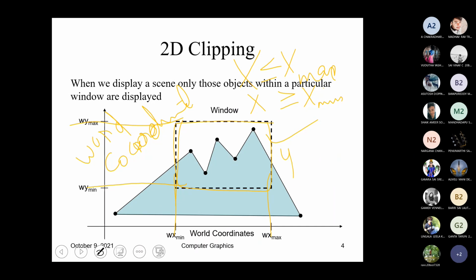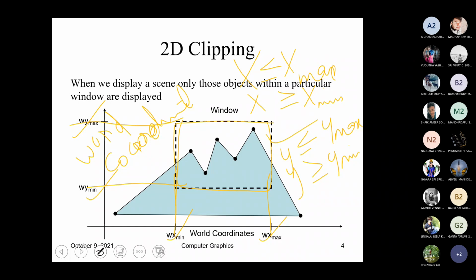Remember, y should be less than or equal to y max. I have not mentioned this in your slide, so I am writing it here. Write it down in your notebook. y greater than or equal to y min. This condition should be satisfied. Clear now? In this case, you know where x max, x min, y max and y min are. Clear now?